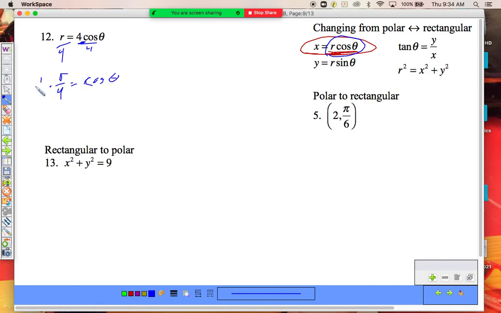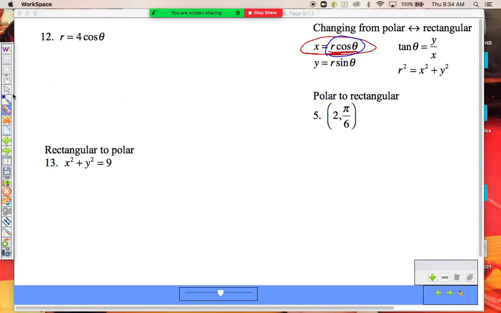Someone said do that, so I'm going to multiply by 1 over R. So now I get 1 over 4 equals cosine theta over R. That doesn't give me R cosine theta, that gave me cosine over R. That doesn't help me. Again, I'm not saying it's wrong, because what we did is mathematically correct, but that doesn't help, so I don't want to do that. Stop thinking so hard. How can I get an R right here?